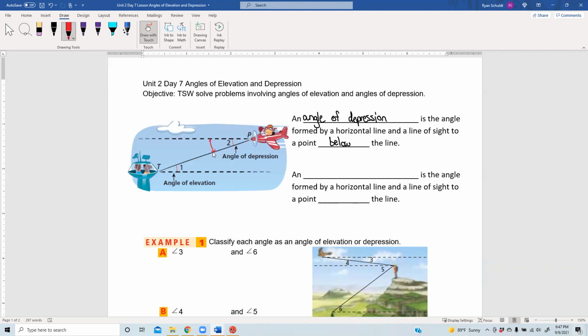When you're depressed, you're feeling down. So with depression, you're going down. Or if you've been to the doctor, they get those tongue depressors, like that popsicle stick. The doctor takes it and pushes your tongue down.